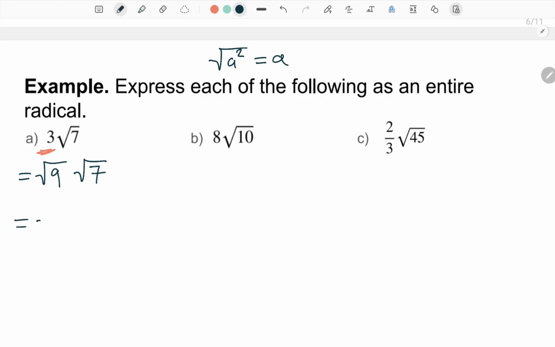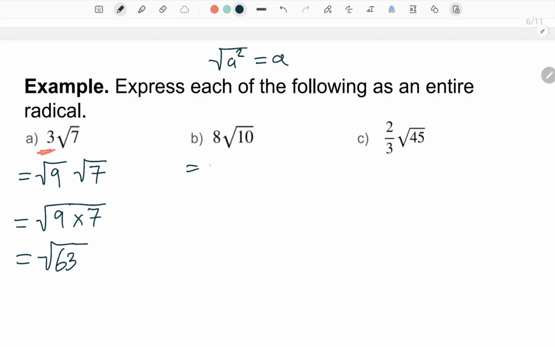And then we can now multiply 9 and 7, since we're multiplying two radicals, so we can just bring them together. And that would be 63. So that's going to be the idea. So convert that number in front into a square root. So try these out actually before I even go through them. So feel free to pause the video, and I'll just continue taking these up.